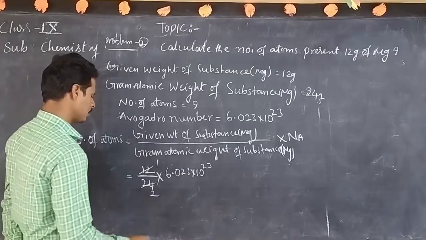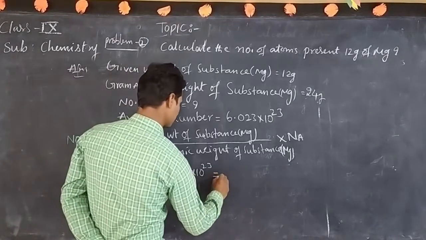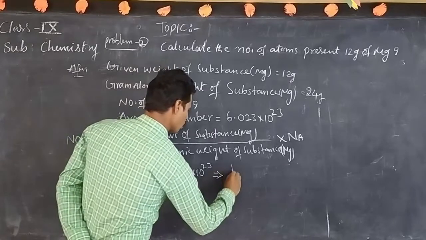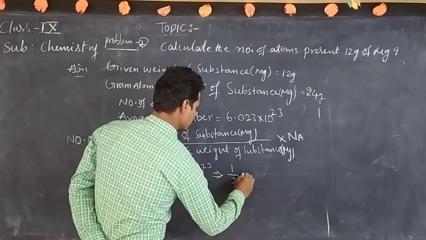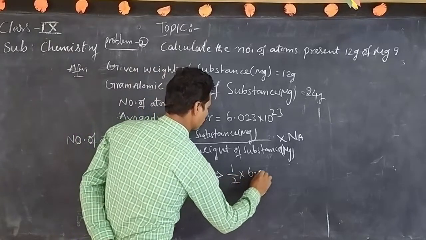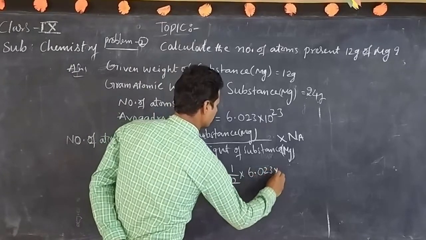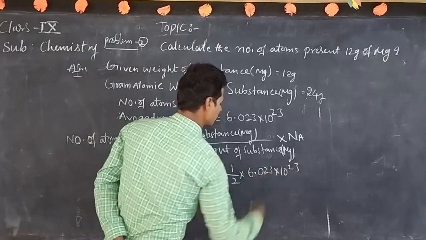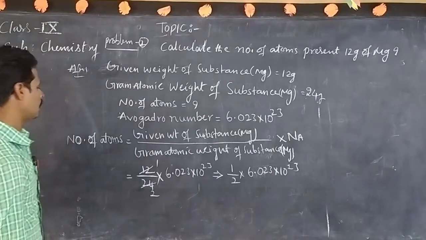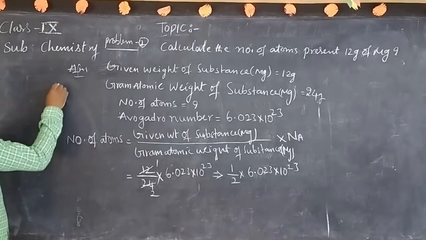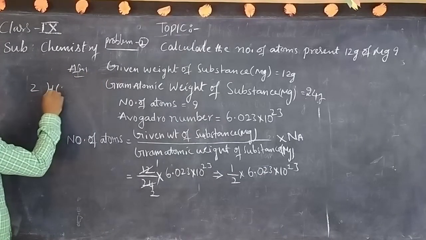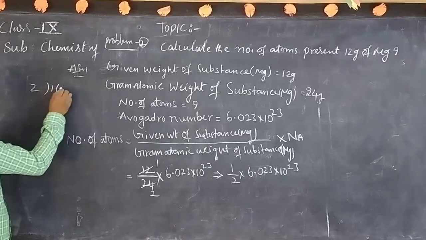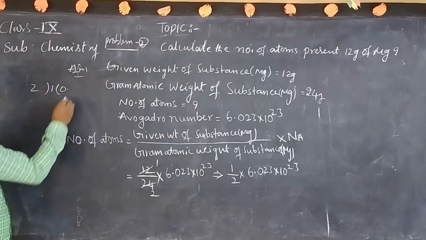So the value will be 1 by 2 into 6.023 into 10 to the power 23. But we know 1 by 2 value, how much? Is it possible to divide by 2? No, 0 point.